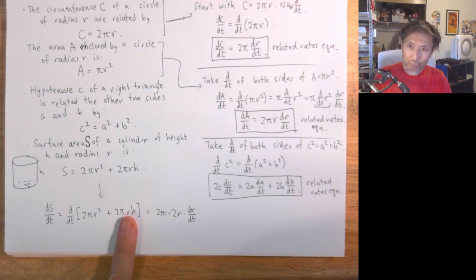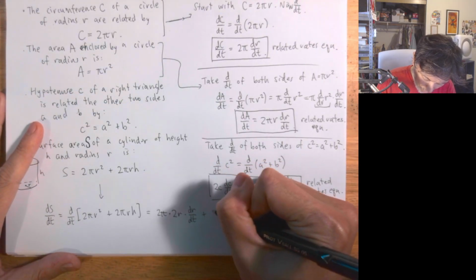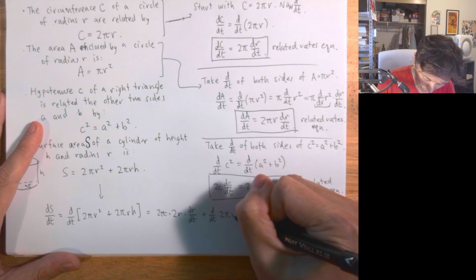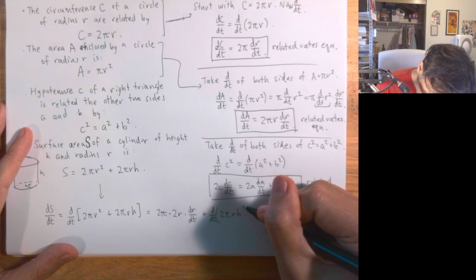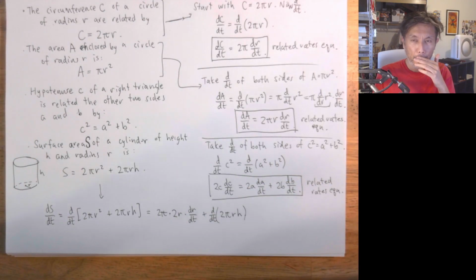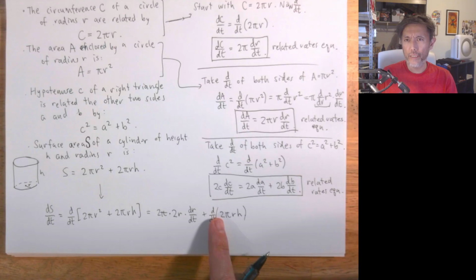The second piece is a bit more complicated, so let's be careful with it. I'm going to go slower. d/dt of 2πr times h. All right. Oh, maybe, yeah, this is a good moment. I'm saying this requires special care, that it requires some kind of gadget that we've learned about already.